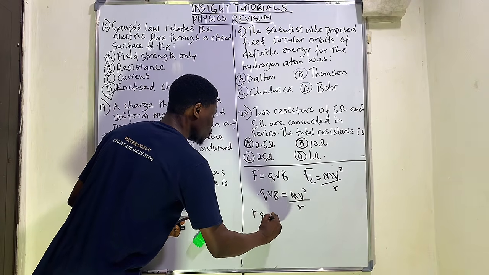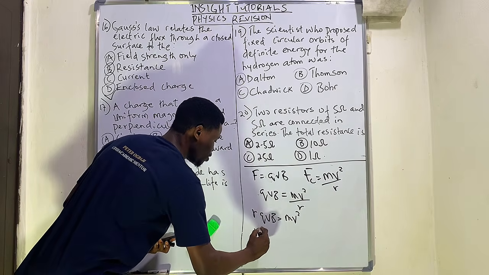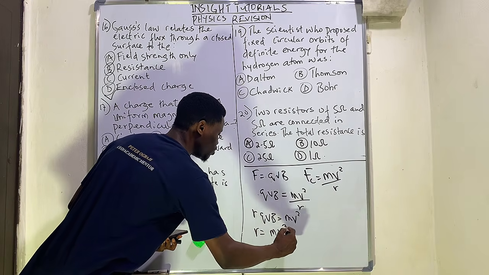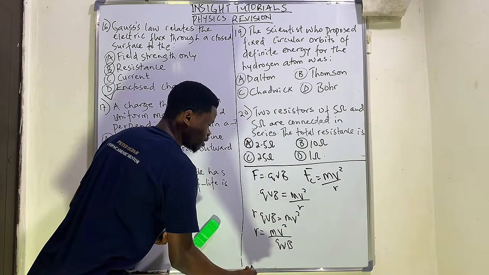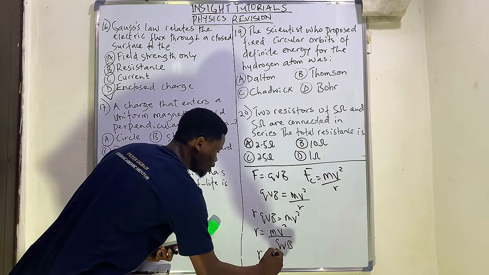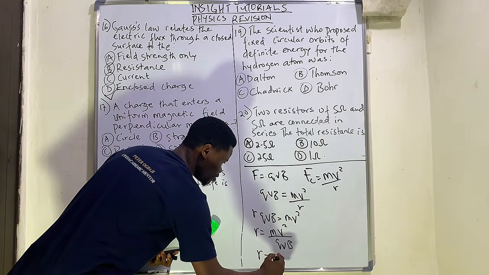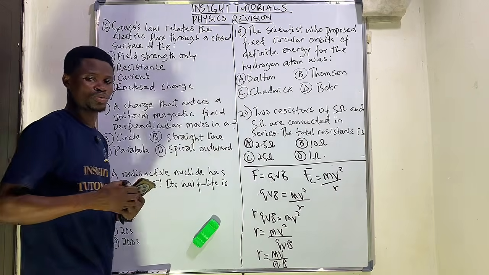So R is QVB equals MV squared. So R alone is going to be MV squared all over QVB. And you can reduce the velocity and say that our R, which is the radius, is equal to the mass and the velocity all over the charge times the magnetic field.